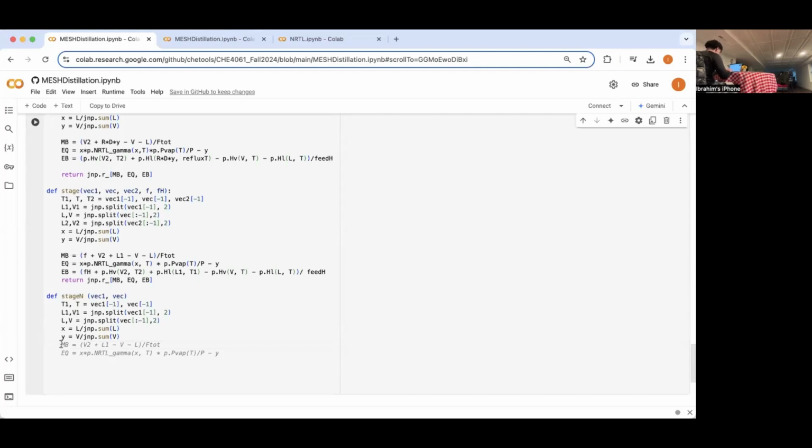Okay, so our mass balance for this one, again, we're going to have two mass balances. Our first mass balance is going to be equal to L1 minus our vapor minus our liquid, and again, this is all going to be divided by our feed total.